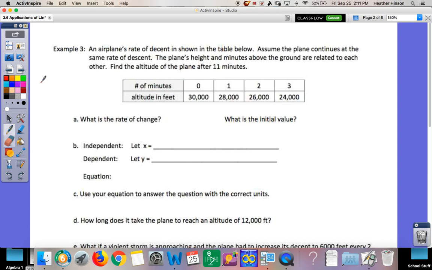We know how to find slope from a table. We did that last week, or earlier this week. All you have to do is subtract up on both sides, all the way.